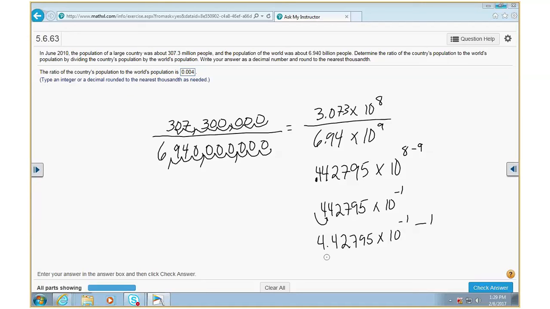Which way did I move this decimal in my head to get it back the way it was? To the left. So 4.42795 times 10 to the negative 2. 12.04 is what I got.